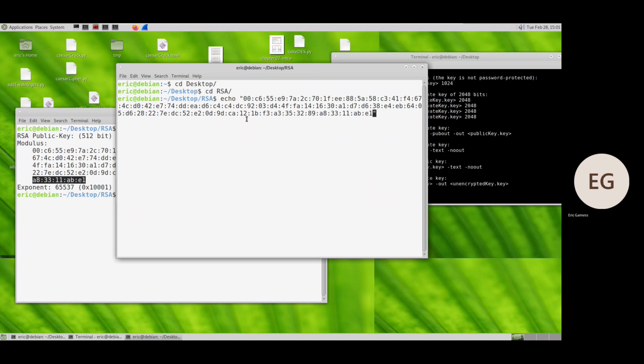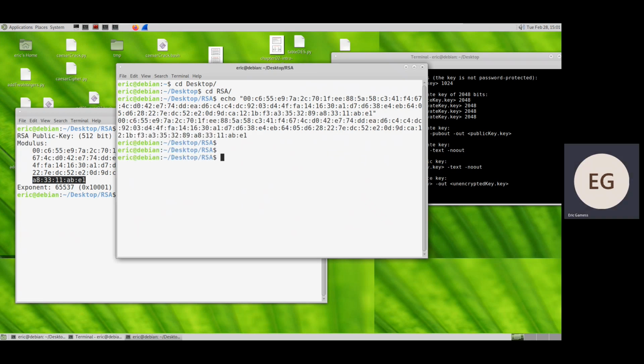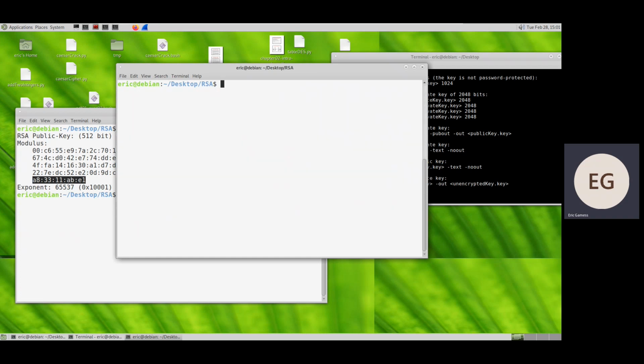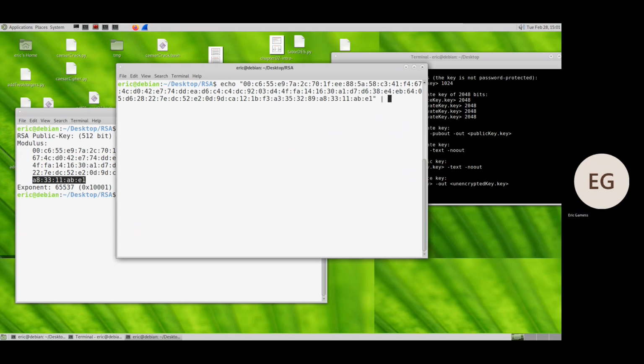So how do I remove the colon? You see, I did an echo and I see the value. How do I remove the colon here? What can I do? Yes, I can use the stream editor. So pipe, which means the output of this command, I want to pass it to the stream editor.